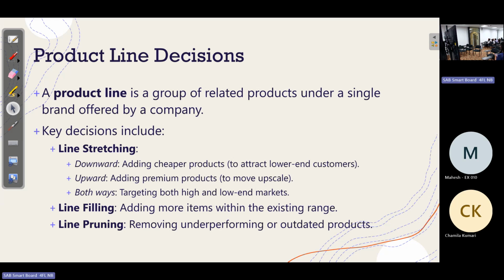Then you can write examples. On line stretching, there are three. First you can write downward. For downward, in the example, you can write iPhone SE series.